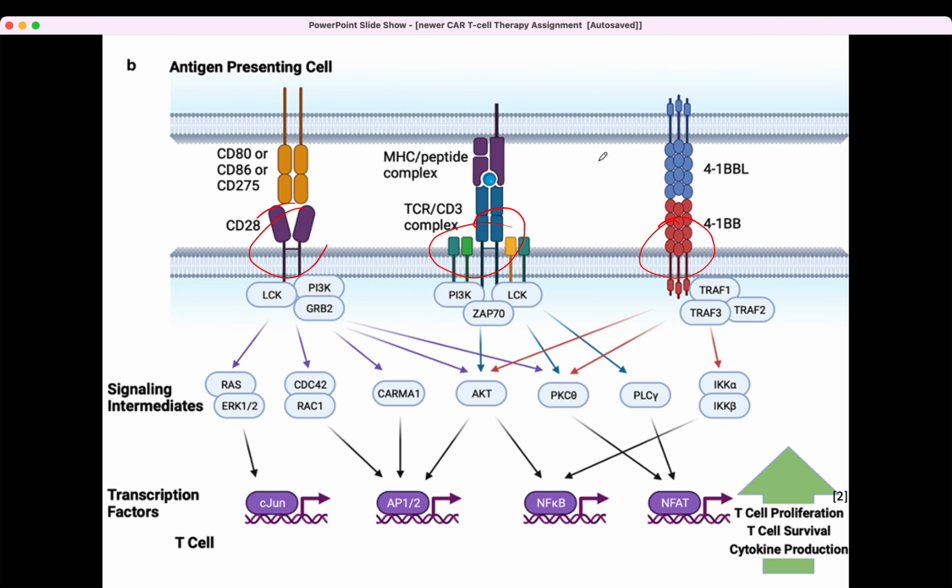And they're going to activate these signal transduction pathways, and some of them are going to activate transcription factors and cause genomic responses. And those include things like this cell should continue to live, this cell should proliferate, this cell should make other secreted factors that we'll talk about that will help activate the immune system.